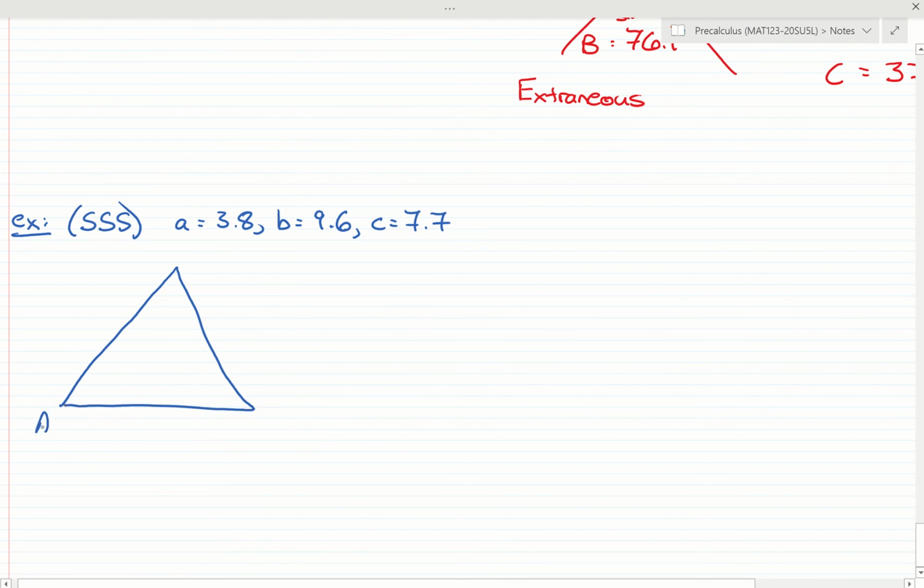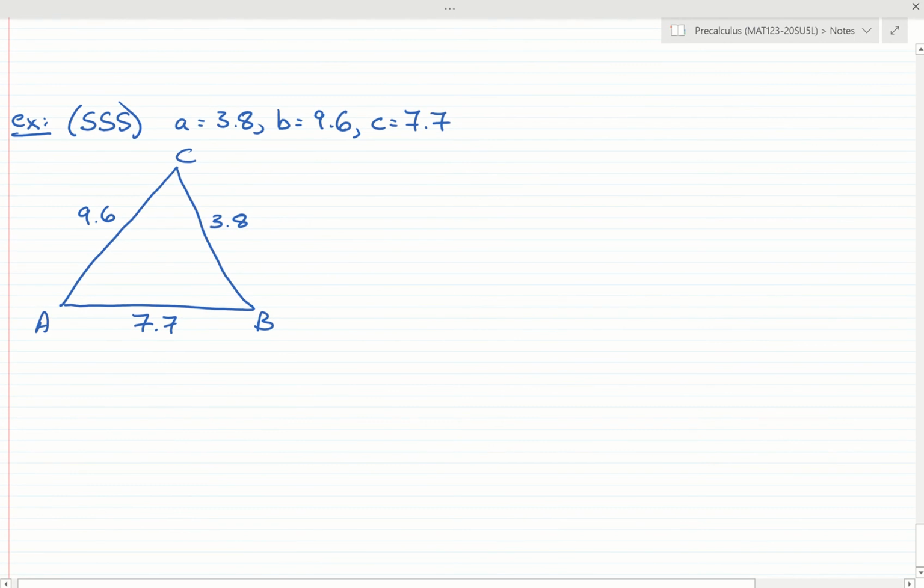I'll just get my triangle set up. Clearly we can't do law of sines because we don't have any angles. So we have to figure out what one of the angles is using law of cosines, and then we could use law of sines to finish this.